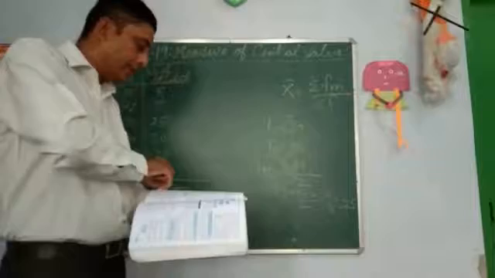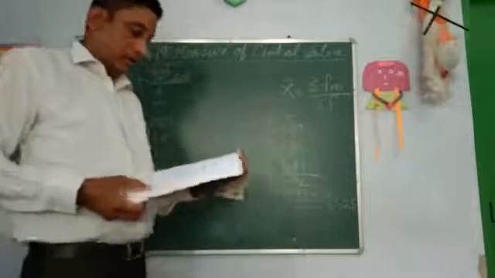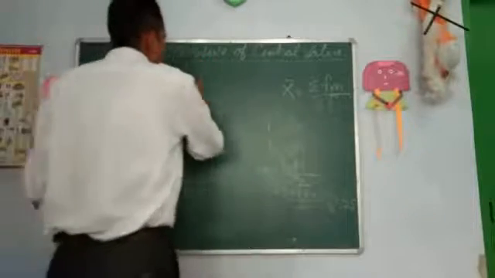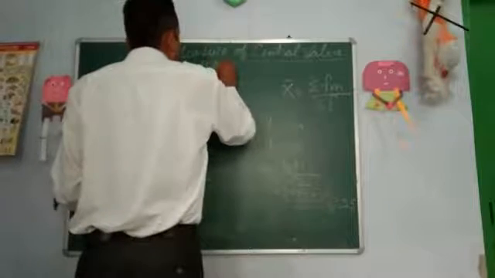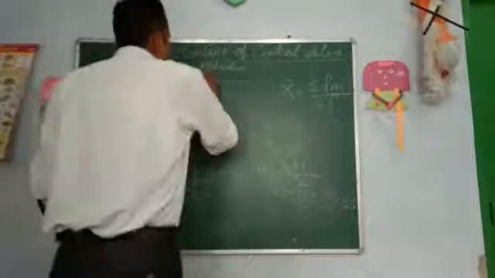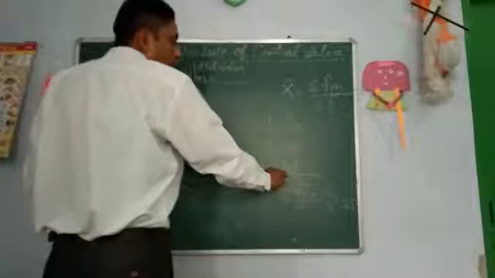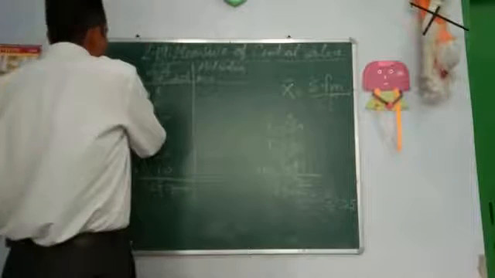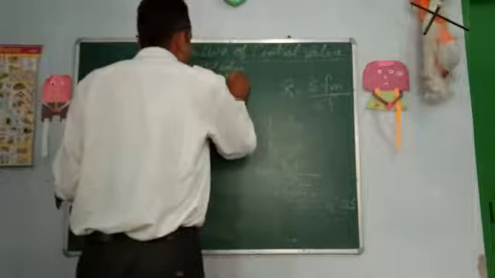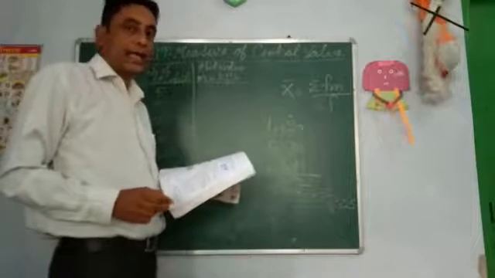Now we will take out the mid value. Mid value of the class interval is represented by m. I have already told you, L1 plus L2, that is the lower limit plus upper limit, divided by 2 will be the mid value of the class interval.